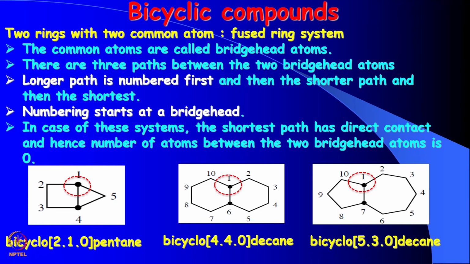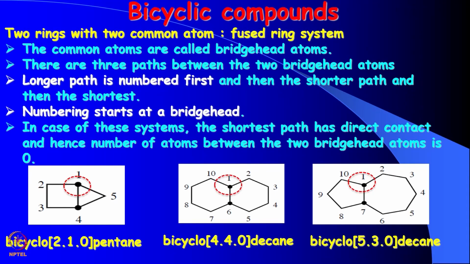In the first case, we write it as 1, 2, 3, 4 and then 5. So, there are 2 atoms between 1 and 4 on this side. There is 1 atom between 1 and 4 on that side, and 1 and 4 are directly connected. So, we write it as bicyclo[2.1.0]pentane. Similarly, the last one that you have here is numbered as 1, 2, 3, 4, 5, 6, 7.